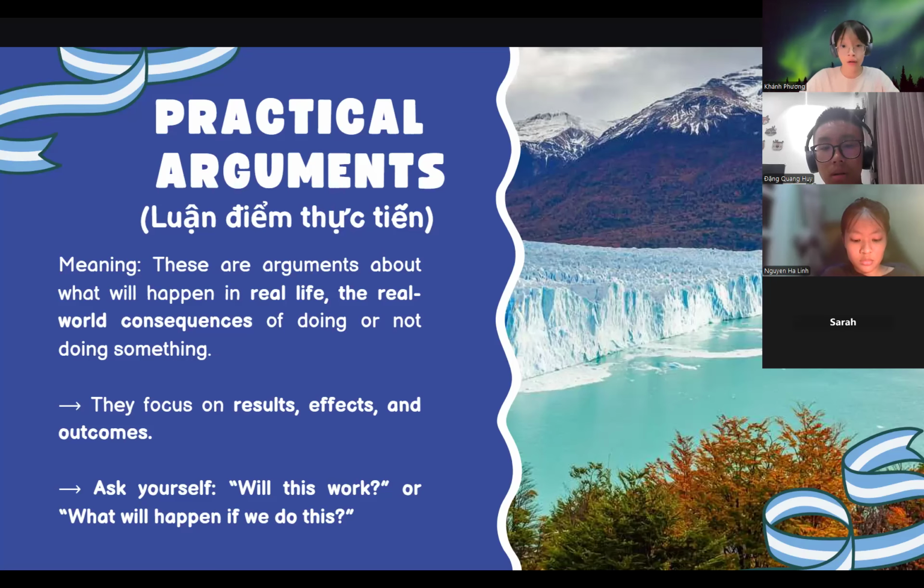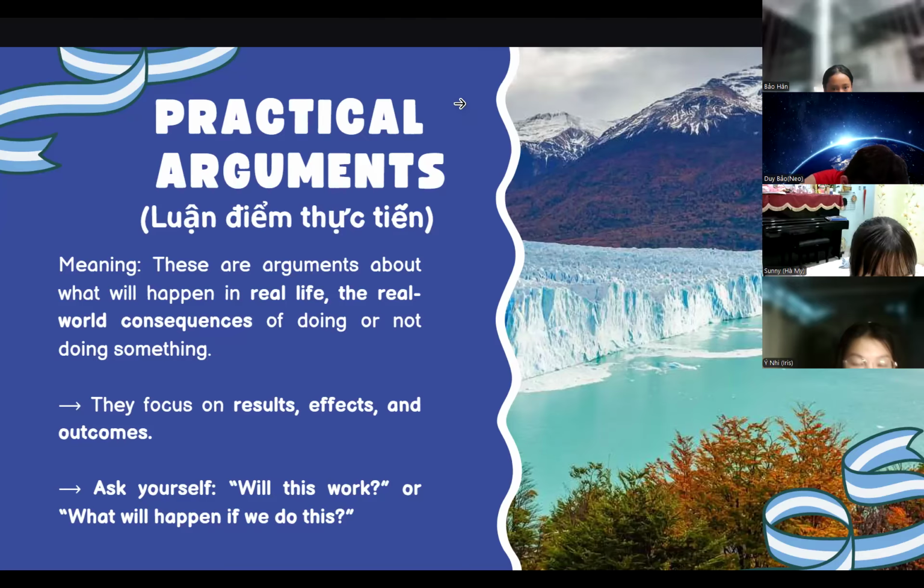And that's a practical argument because if children become influencers and they are not aware of the risk, they might be pressured, they might feel stressed. That is the effect that they experience.